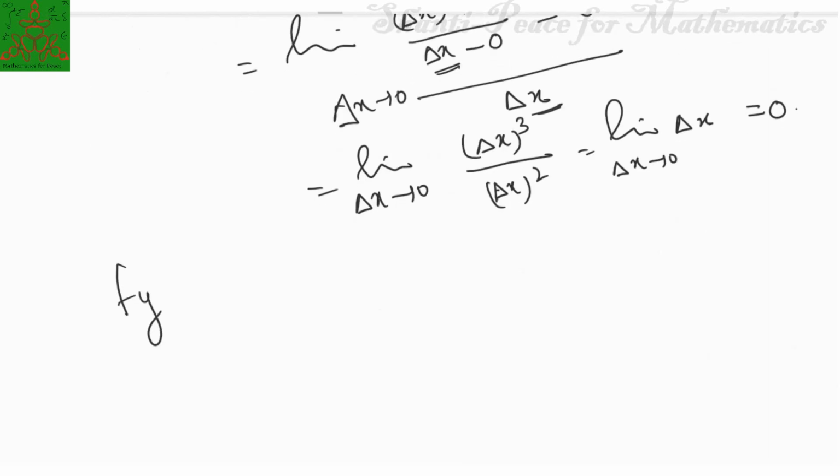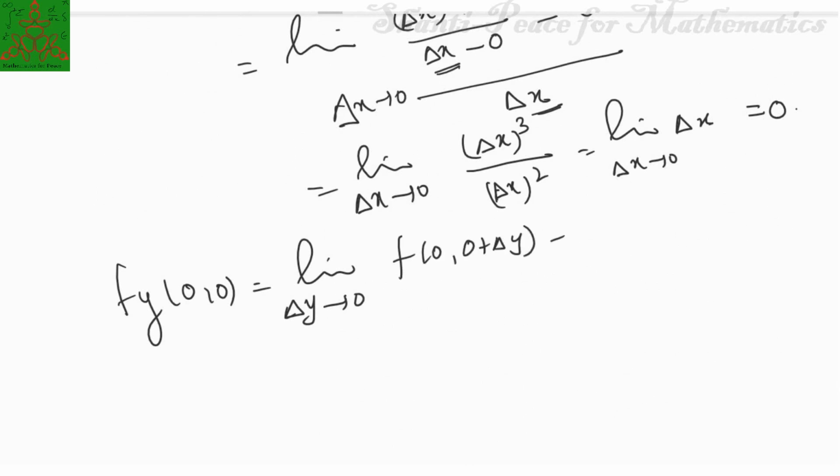Similarly, fy at (0,0) is the limit as delta y tends to 0 of f(0, 0 plus delta y) minus f(0,0) upon delta y.